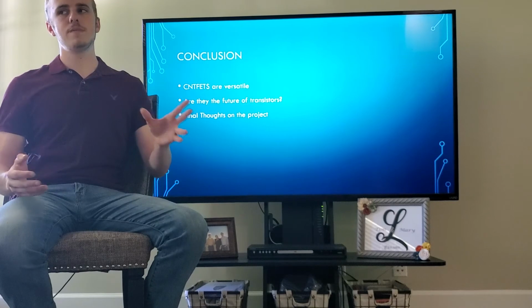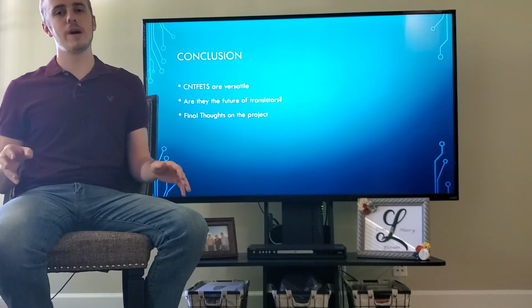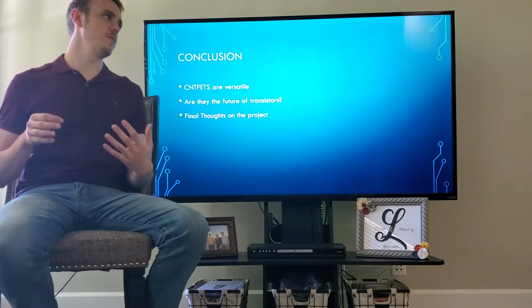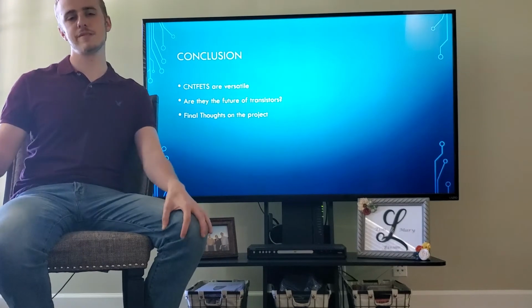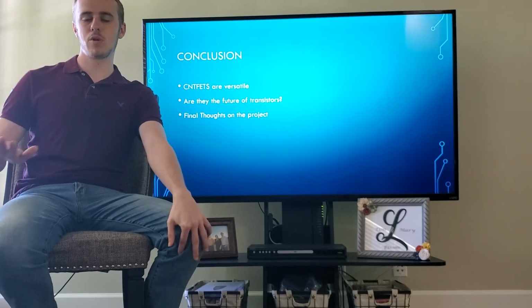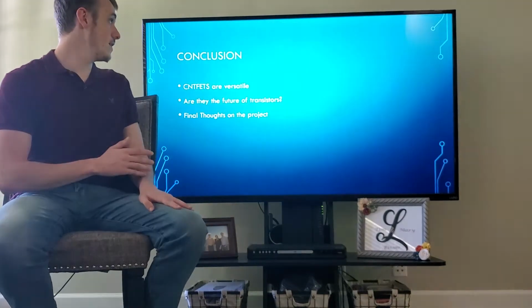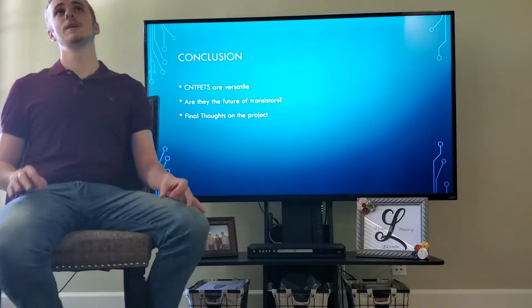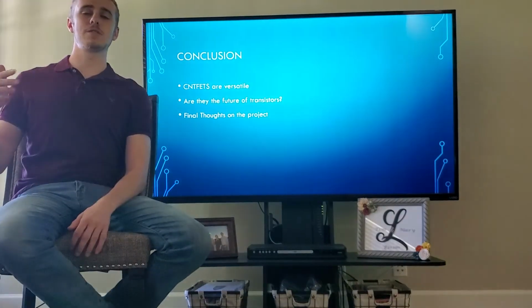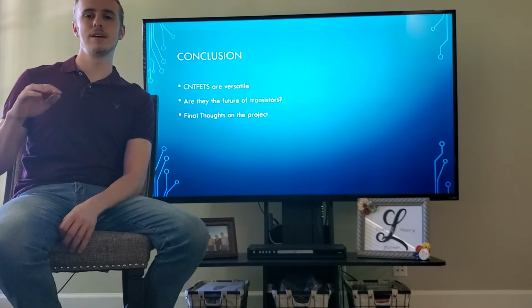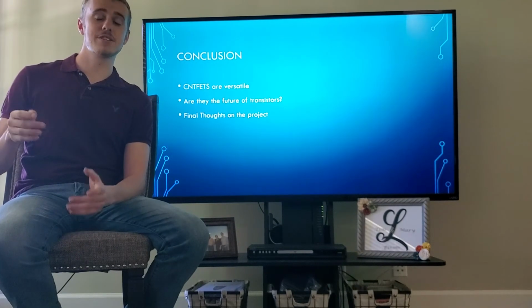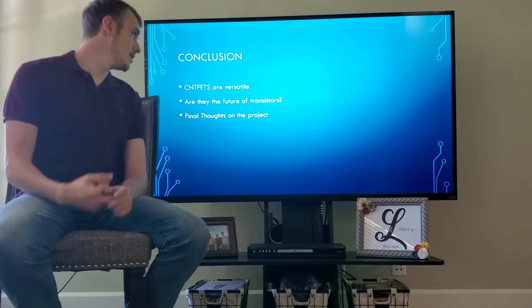So the silicon transistor is just not going to go away. It has its own use. It is a little bit less powerful, so it will be used in more common settings, while carbon nanotube transistors may be used in larger settings, like power plants and various other applications that are more industrialized.